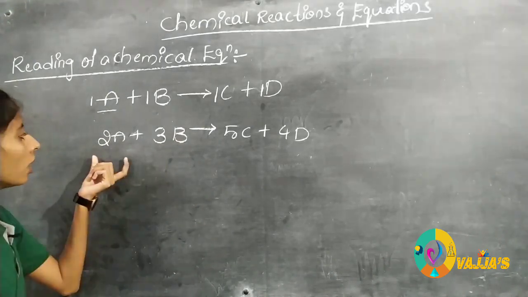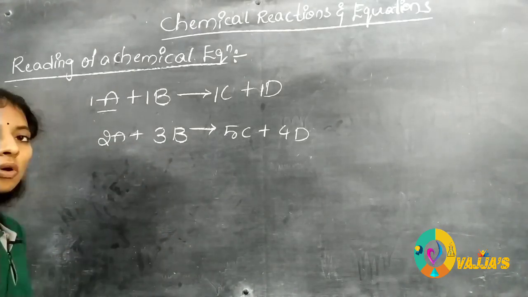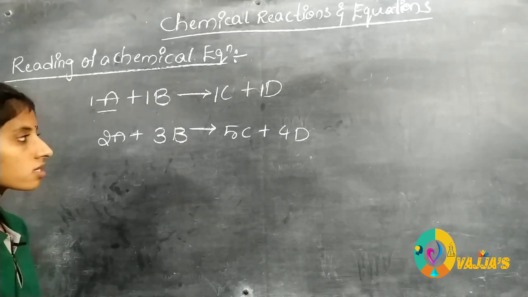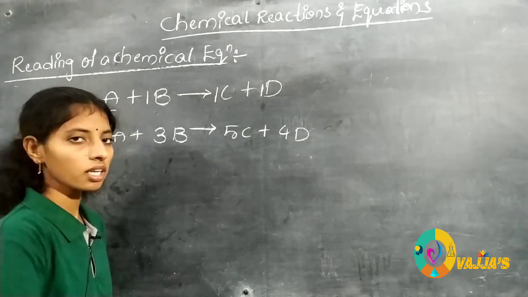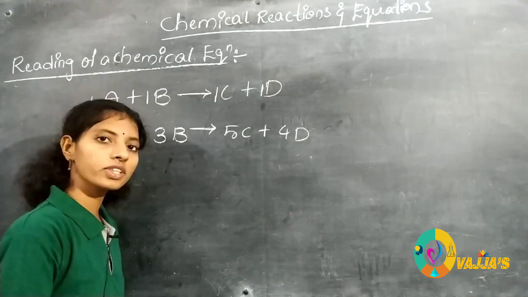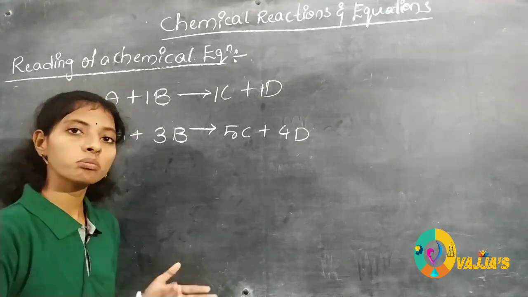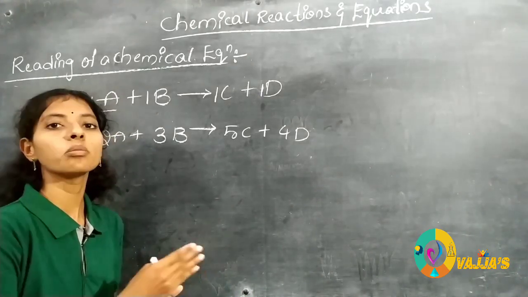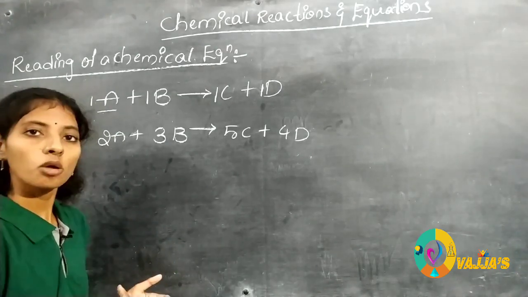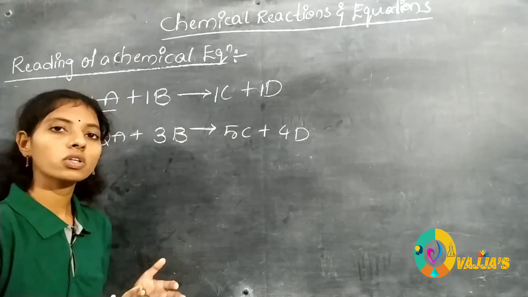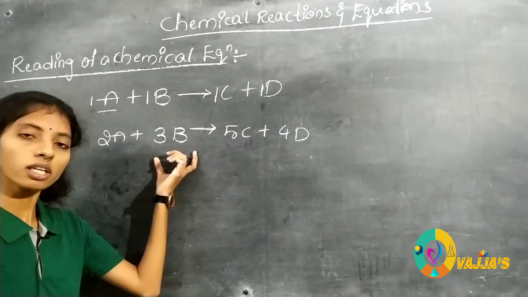That means here 2 molecules of A combine with 3 molecules of B. Finally we get products as 5 molecules of C and 4 molecules of D. So remember that before the substance the number indicates the number of molecules, on the reactant side as well as the product side. So the number of molecules is indicated by this coefficient number.